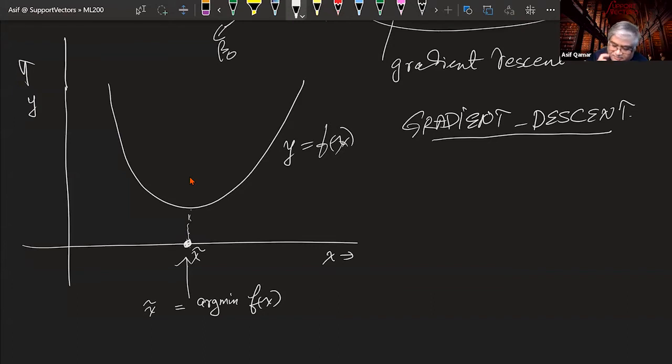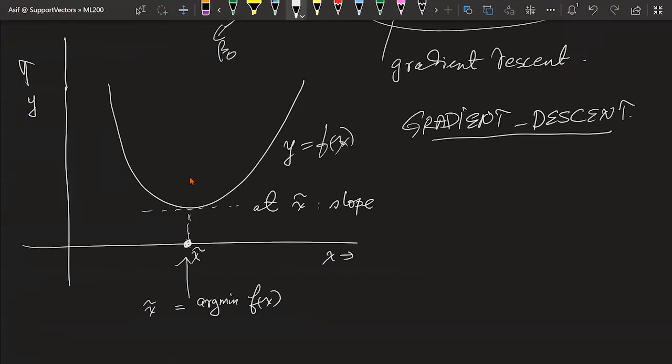There's a very interesting thing to observe here, and that observation has to do with the slope of the line. Look at this. What is the slope here, guys? At x tilde, is it flat, rising up, or falling? Flat. Slope is 0.